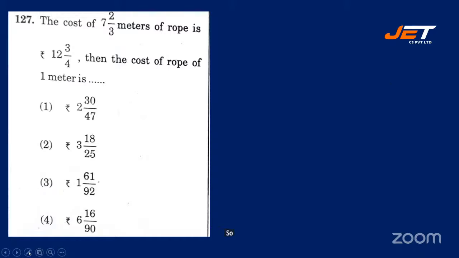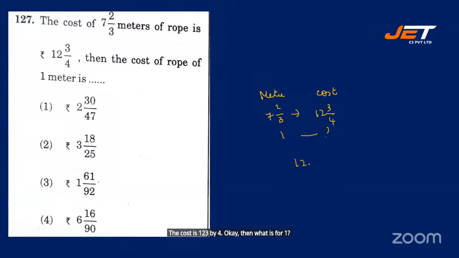So this is meter. You can do it by yourself, students, and I'm also working it out parallelly. 2 by 3 meter, the cost is 12 3 by 4. Right? And what is 4? 1. So it is 12 3 by 4 divided by 2 by 3.